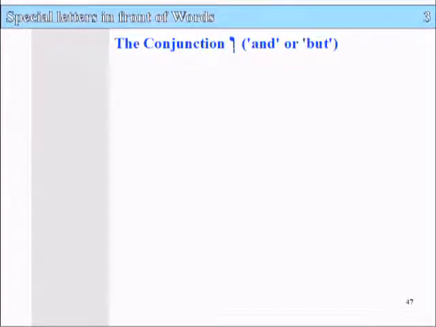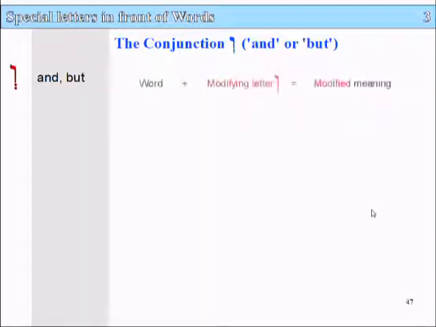Slide 47, Lesson 3, Special letters in front of words, the conjunction Vav, which means and or but. When we add the letter Vav in front of a word, we mean and something or other.